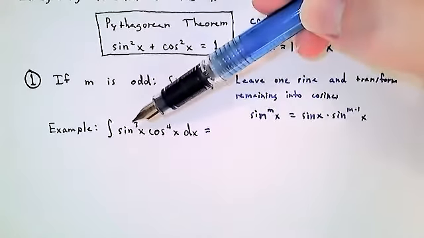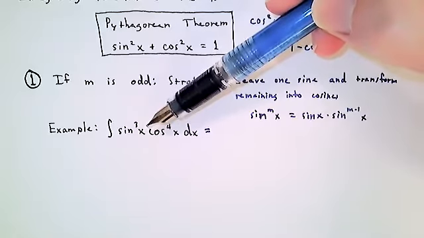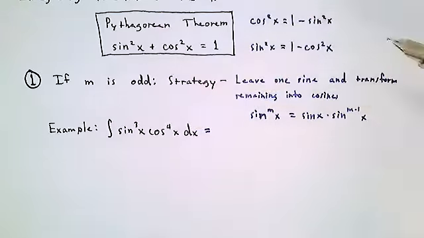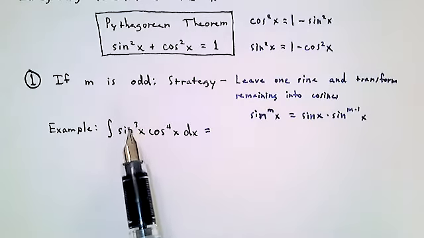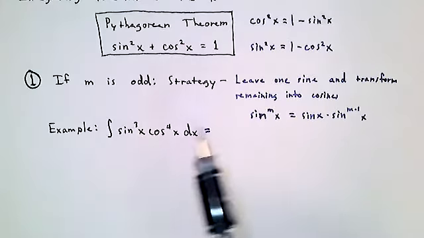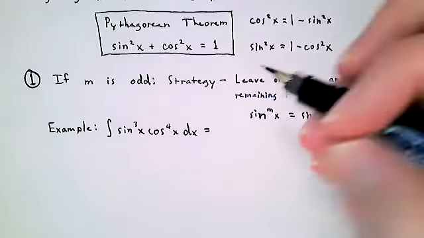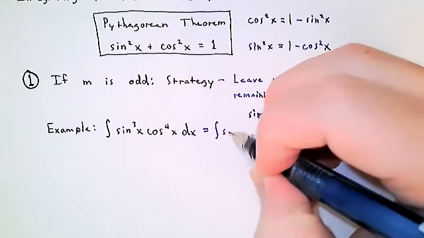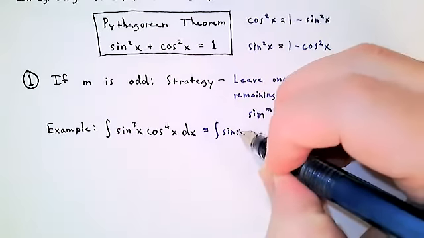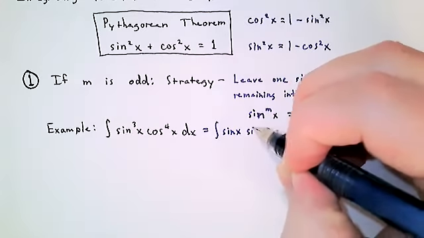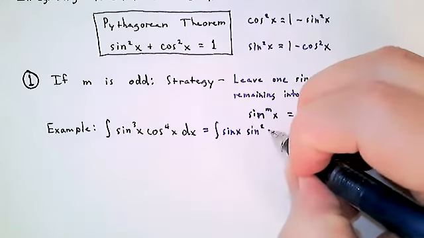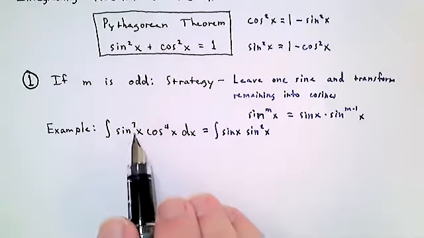So in this case, we're integrating sine to the third power of x times cosine to the fourth power of x. So we do have an odd power of sine, which means we need to break off one of them and convert the rest. So we'll have a sine times a sine squared in this case. So we're breaking this one up.